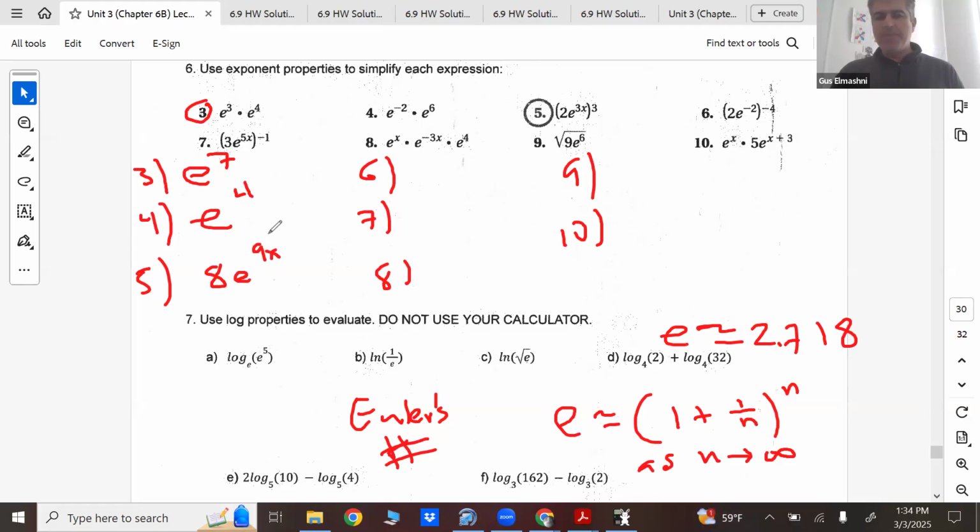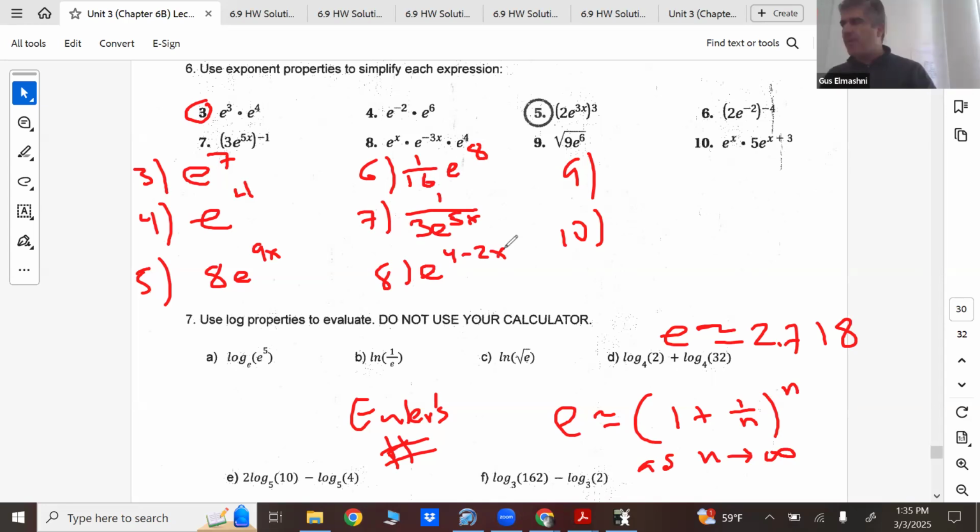Again, these are not test problems, just so you know that e you treat the same as you would any variable or exponent or base. If you have something raised to -4, that should go on the bottom. So it's 1/16 e^8. That's 1/3 e^5x. That's going to be e^(4-2x), I think. You just add them up.